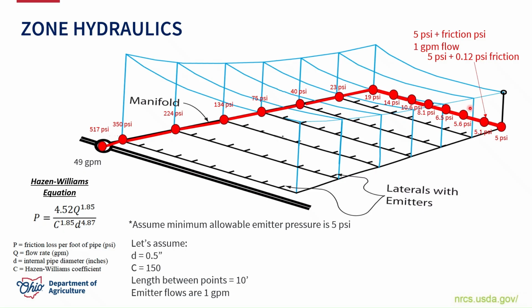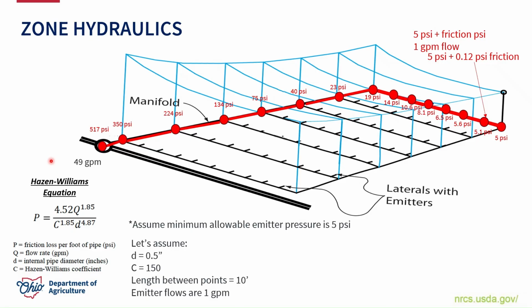For each subsequent emitter, the flow rate is increasing, therefore we're going to have a greater friction loss. We get to the end of the lateral, we sum across our manifold hose and get to the little stretch from our manifold, our first lateral, to the main line, and we see that we need 517 psi.